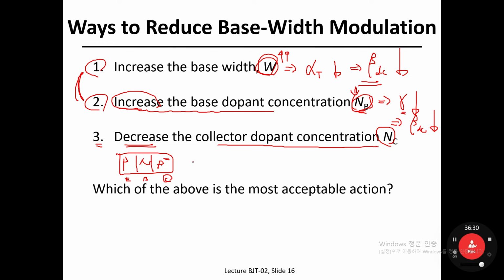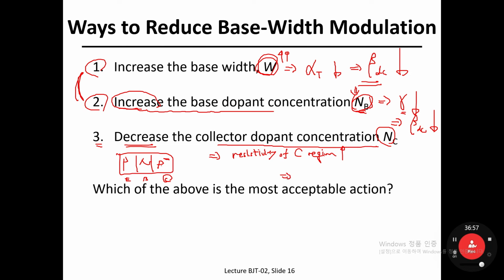Okay, then your base width modulation would be alleviated a lot. What is the disadvantage of adopting this option? Yeah, the resistivity of your collector region would be increased.